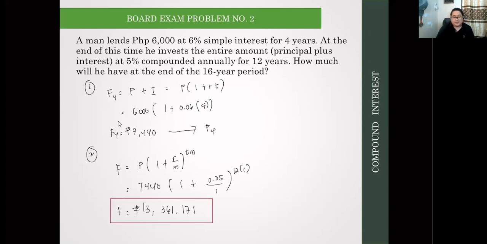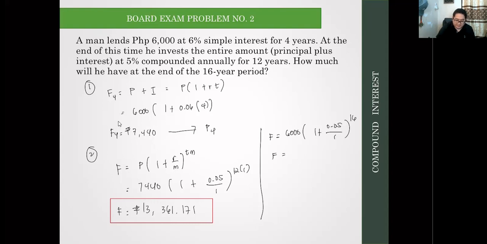Okay? So kung halimbawa naisipan niya dapat nung simula pa lang sa compounded annually na siya pumunta, no? Halimbawa yun yung analysis natin. Magkano yung magiging value niya? So 6,000 times 1 plus 0.05 tapos gawin natin yung buong 16 years doon niya ininvest sa compounded annually. Okay? So magkano yung magiging pera niya?